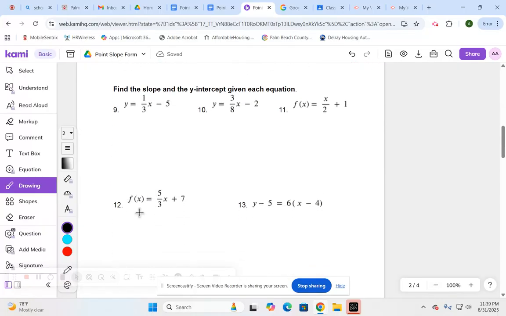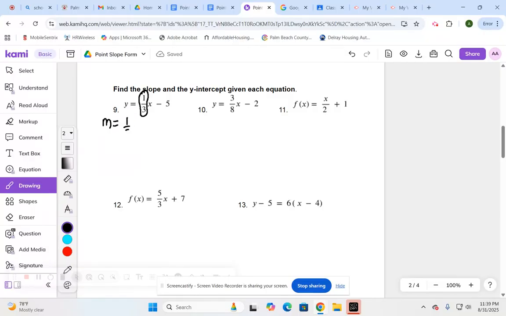All right, in this part of the practice, we are going to find the slope and the y-intercept for each equation, which is actually a lot less work than we did in the other practice. All right, so we're looking for the slope, m, and we're looking for the y-intercept. Well, here's the slope. The slope is the number or fraction in front of x.